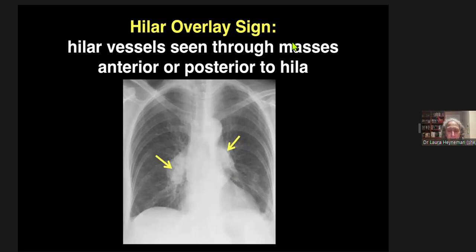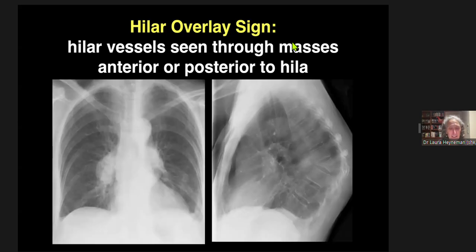I can see where the right descending interlobar, the right hilar artery is. I can see the left hilar artery within the contour abnormality. So again, this is an example of the lack of a silhouette sign. We can see the pulmonary arteries through these opacities, and that tells me that these opacities do not abut the hilum. They are either lesions anterior or posterior to the hilum.